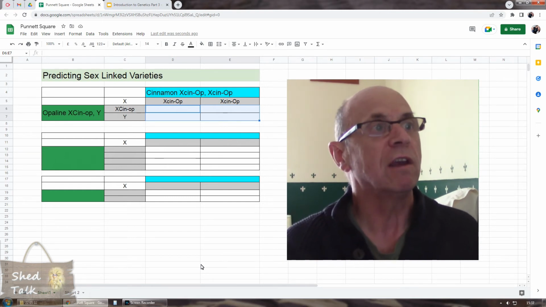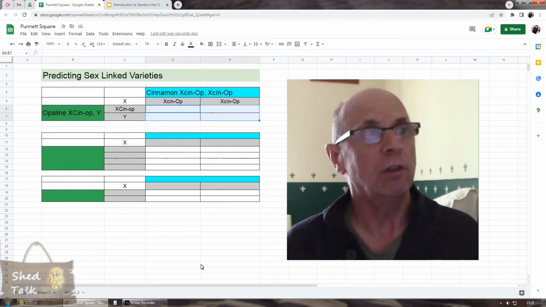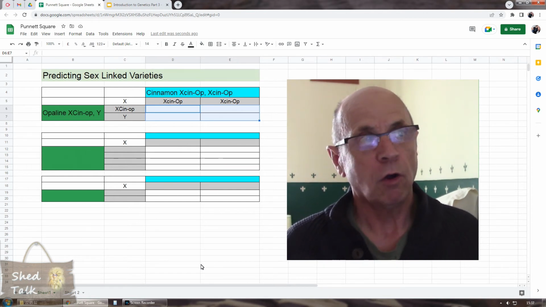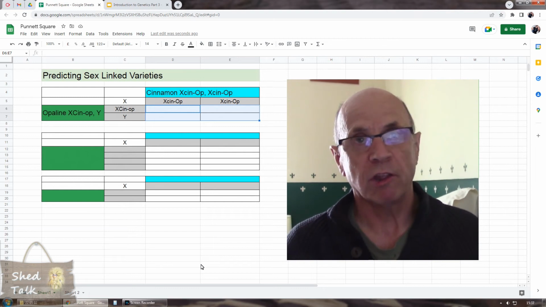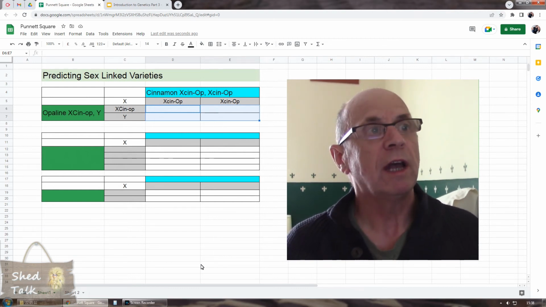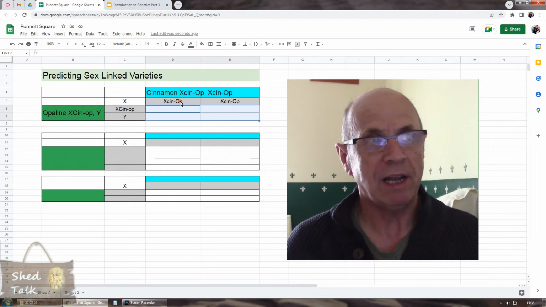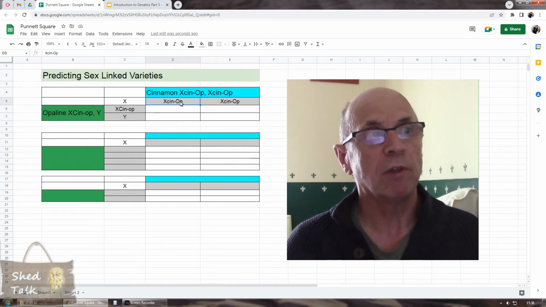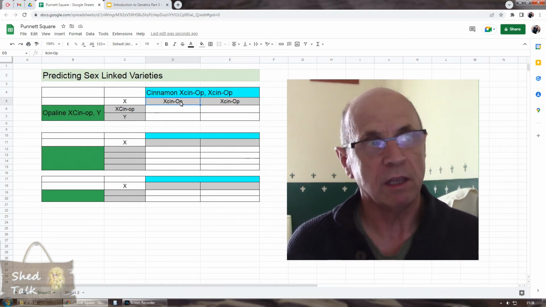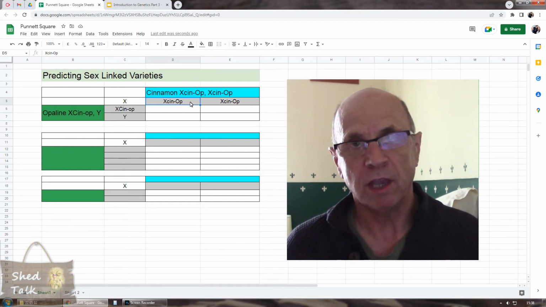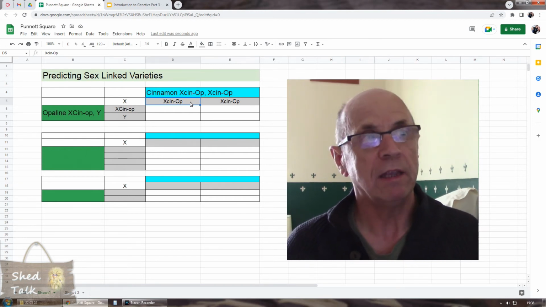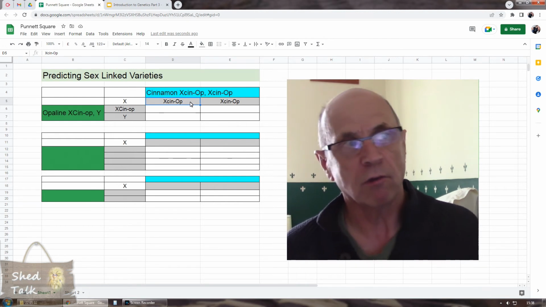So you can see here for the cinnamon cockbird, we have two X chromosomes, which makes it the cockbird, and they both contain the same alleles. So we've got an X chromosome that contains one of the mutated cinnamon allele and one of the non-mutated opaline allele, and then the same with the other X chromosome.